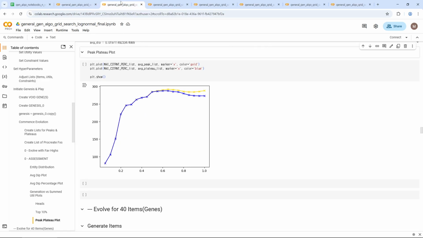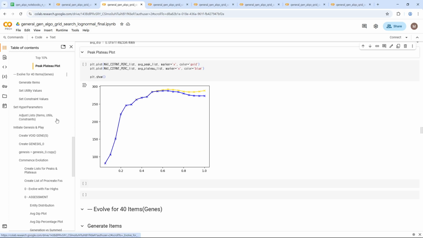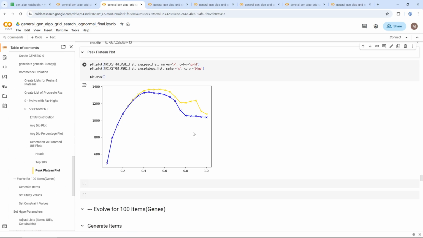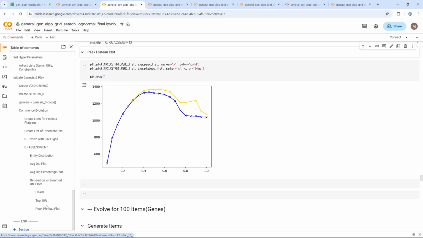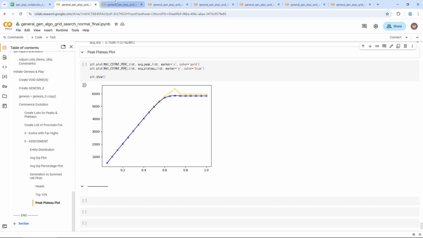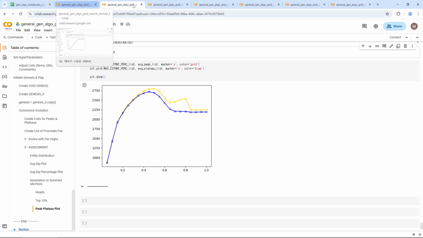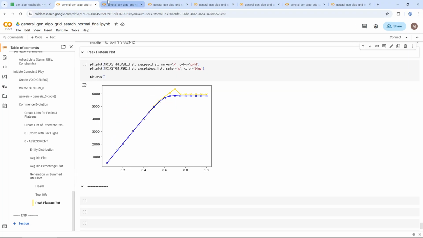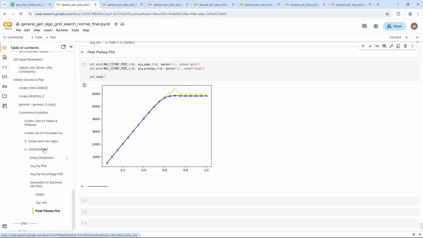It's a bit different. So going to 40 items, this is what it looks like. Going to 100 items, this is what it looks like. So regardless of the distribution, as far as these two notebooks are concerned, it seems that 40 items and 100 items don't seem to be that much different from one another, because again, this is normal distribution but 100 items.